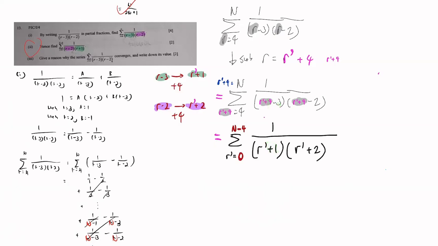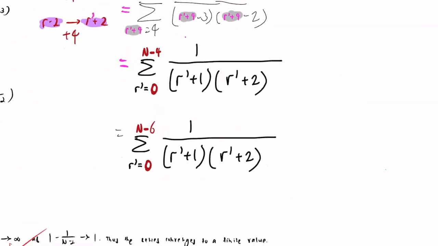Okay, so you realize that it looks almost exactly the same as the expression we want, except for the fact that they requested for n minus 6. So this expression is actually exactly the same as the expression where you have n minus 6, provided that you add back in 2 more terms, right?